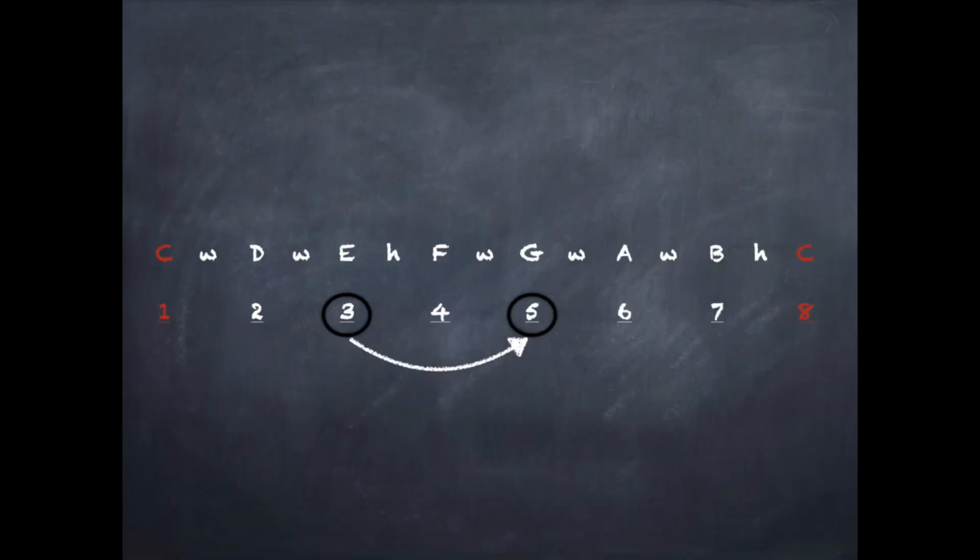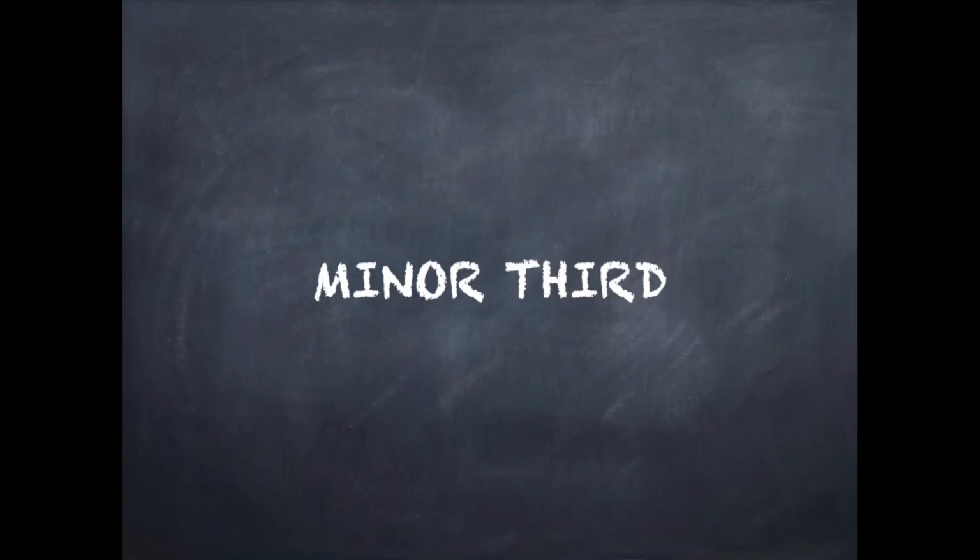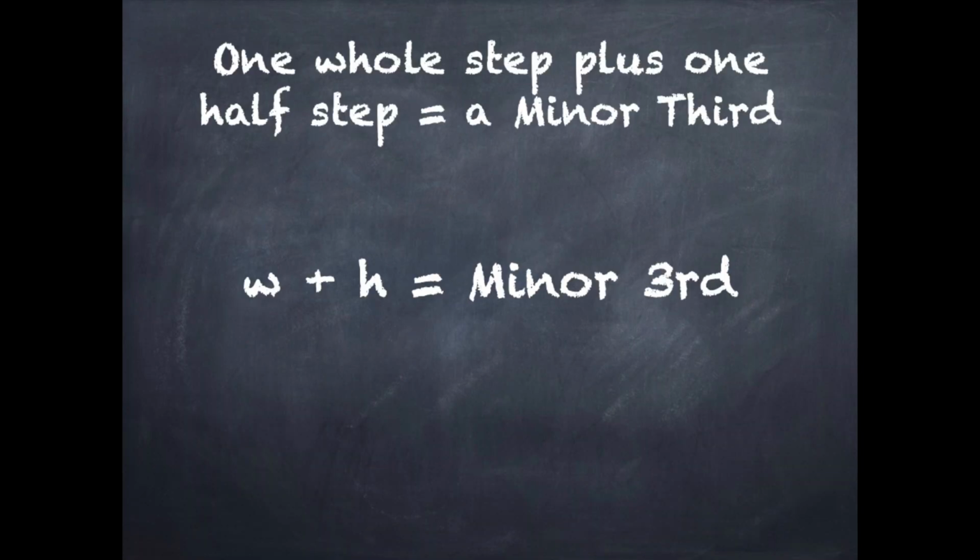Now, immediately following that, the distance from E to G is a whole and a half step. It's a half step from E to F, and then a whole step from F to G. So that's no longer 2 whole steps. That's a whole and a half step, and we call that a minor third.